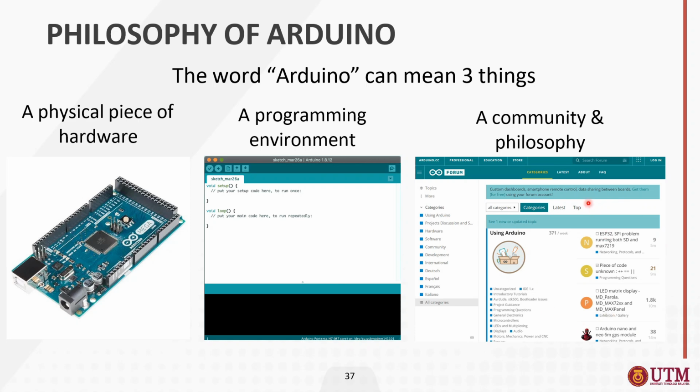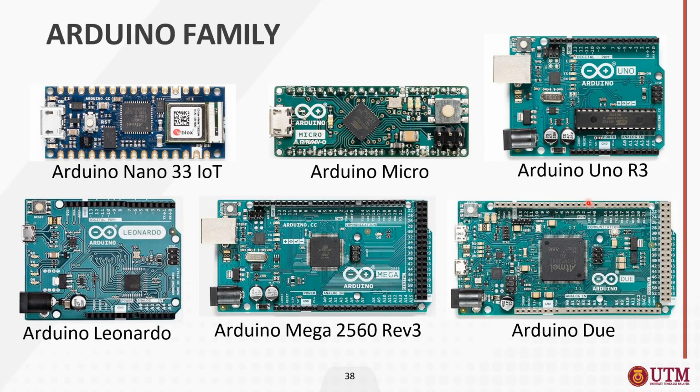All right. So this is some of the family of the Arduino. You have Arduino Nano 33 IoT, Arduino Micro, Arduino Uno, Arduino Due, Arduino Mega 2560, and Arduino Leonardo. For small sizes, you can use Arduino Nano or Arduino Micro. If you have simple applications, you can use Arduino Uno because it doesn't have that many I/O pins.